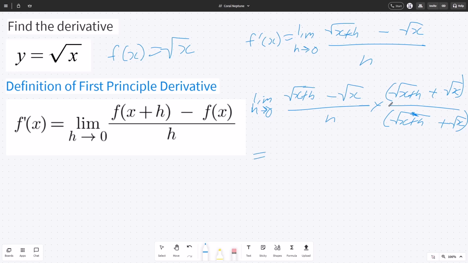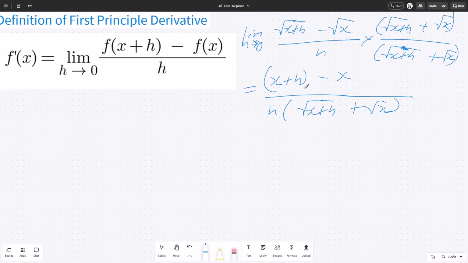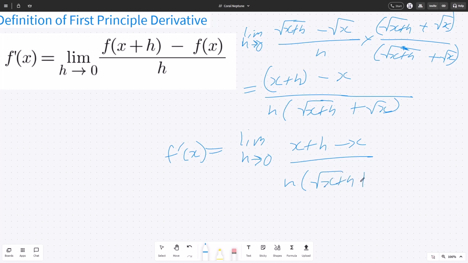This will be equal to, the numerator will be a perfect square, so we'll have x plus h minus x all over h times root of x plus h plus root of x. So once again, f prime of x equals the limit as h approaches 0 of x plus h minus x all over h times root of x plus h plus root x.